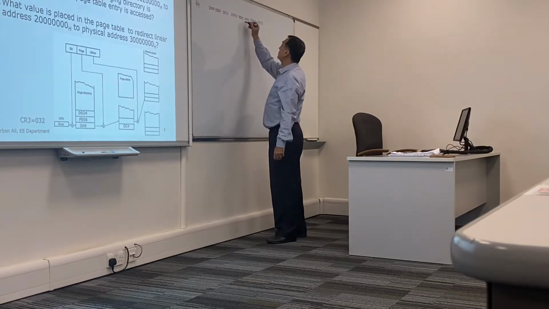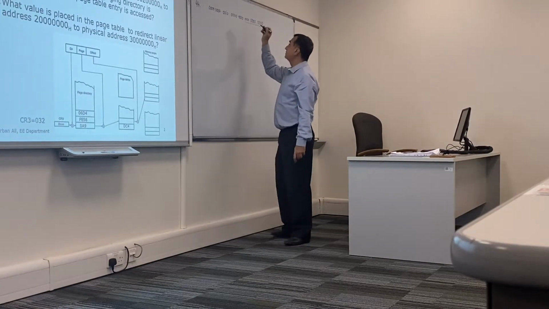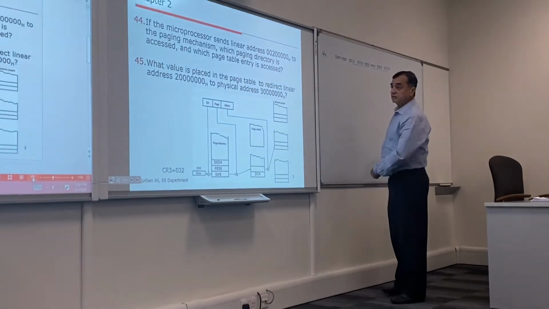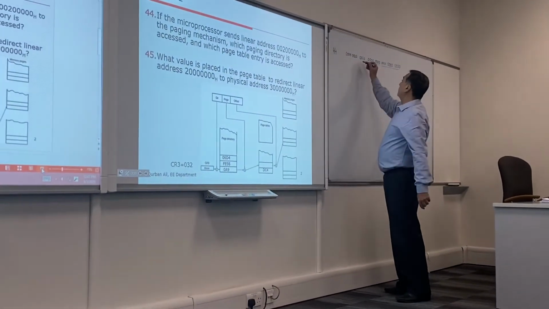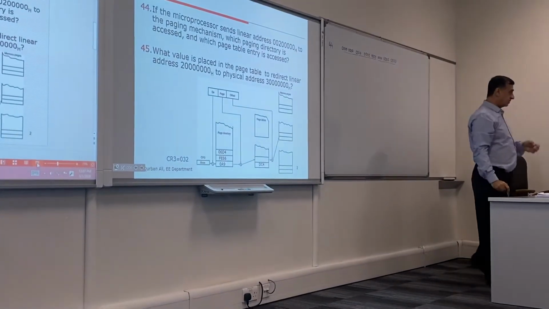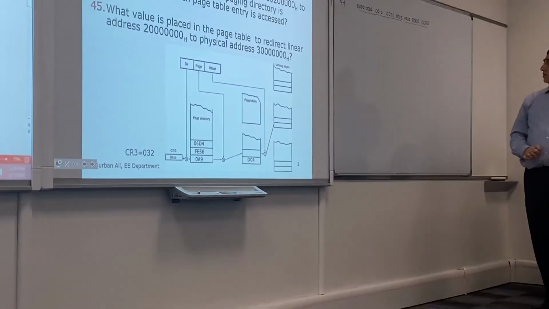This is the offset, 12 bits. This is the page table, and this one is the directory, 10 bits. This is the rule.